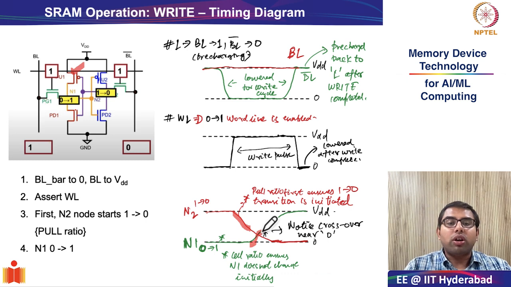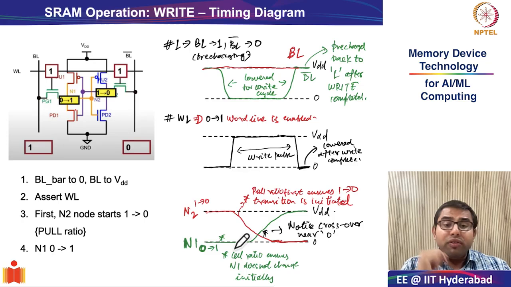Okay, so this is what I have indicated through the markings. N2 is flipping from 1 to 0, and this transition happens first. The next transition is initiated in storage node N1 from 0 to 1.